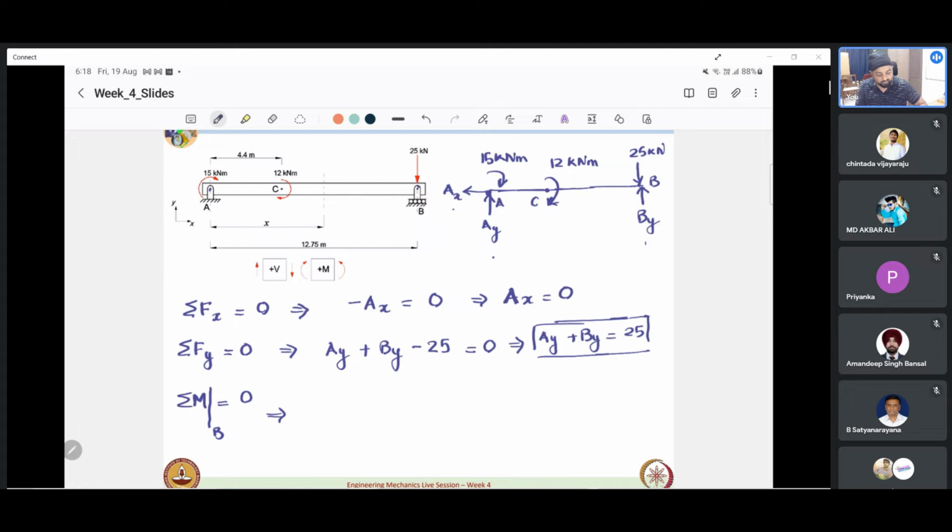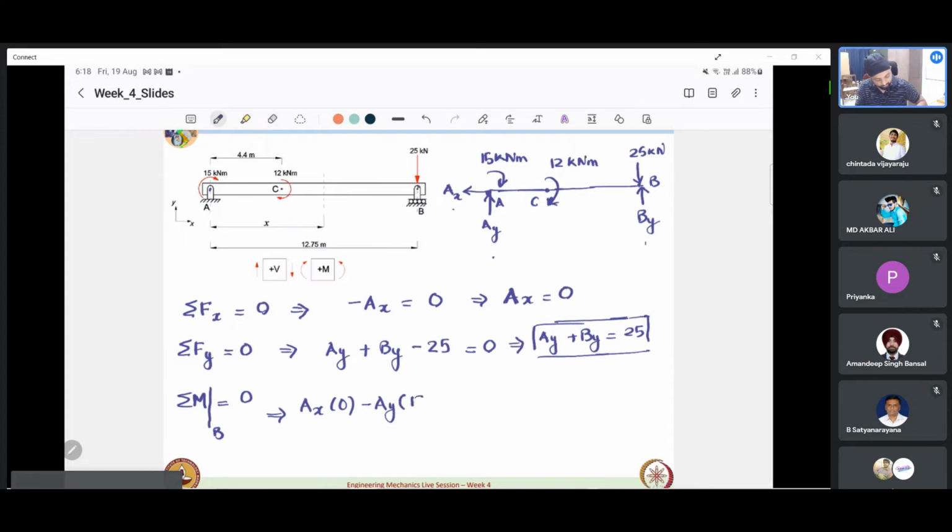Now Ax, using the principle of transmissibility, we can transfer it to B, and that also passes through B. So Ax also has no contribution. So Ax into 0. And then we have minus Ay into 12.75. I'd rather use brackets so that it is not confused with a cross product.